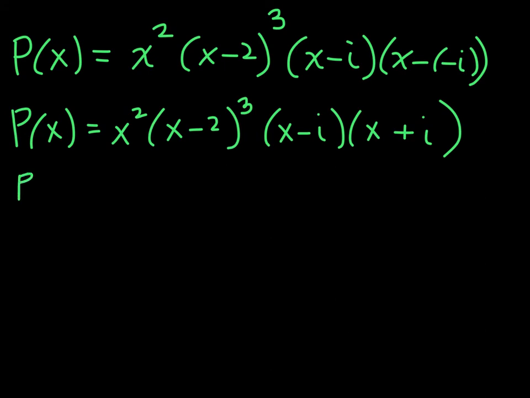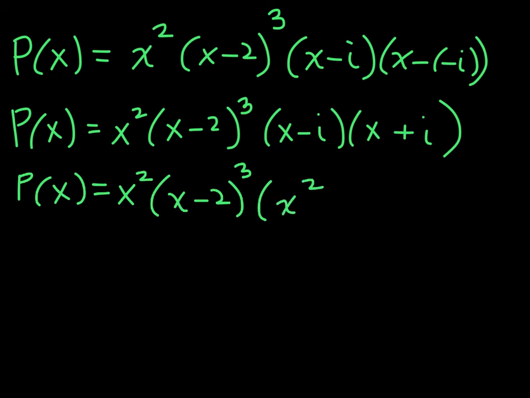First, the order in which you multiply does not matter because of the commutative property of multiplication. It says that the order of the factors does not change your product. So anyway, you get x squared here, and then you're going to get plus 1. Now, don't forget that negative i times i is negative i squared, but that should give you positive 1 if you're careful about your signs, okay?